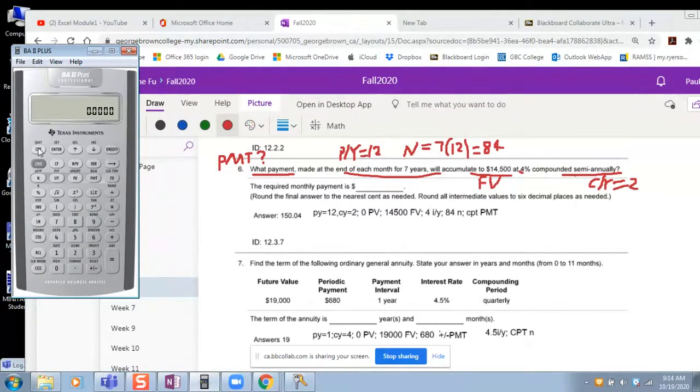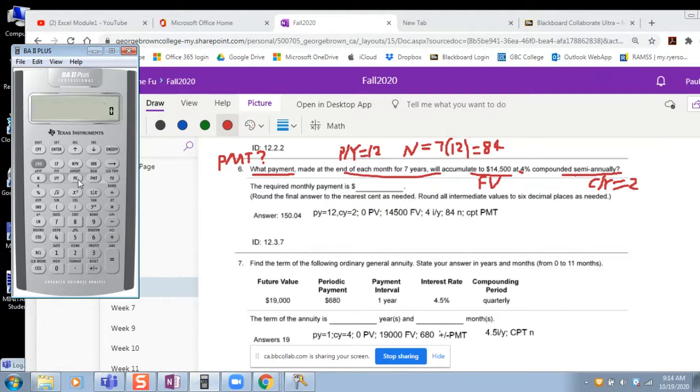Now, 84 is term N. 4 is interest IY. $14,500 is FV.